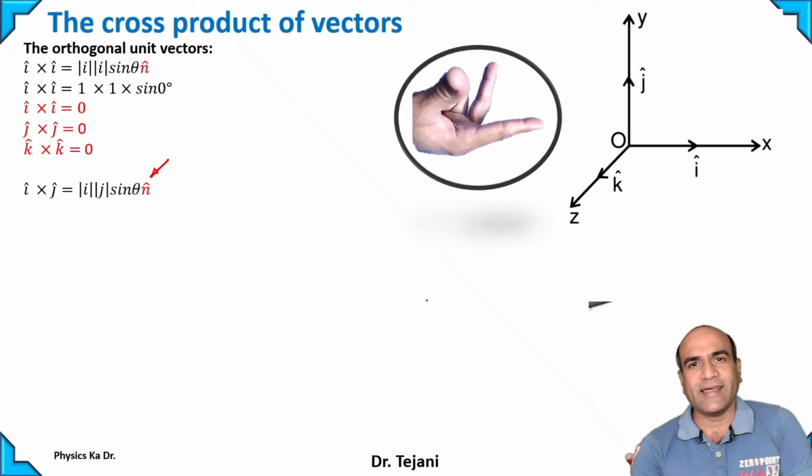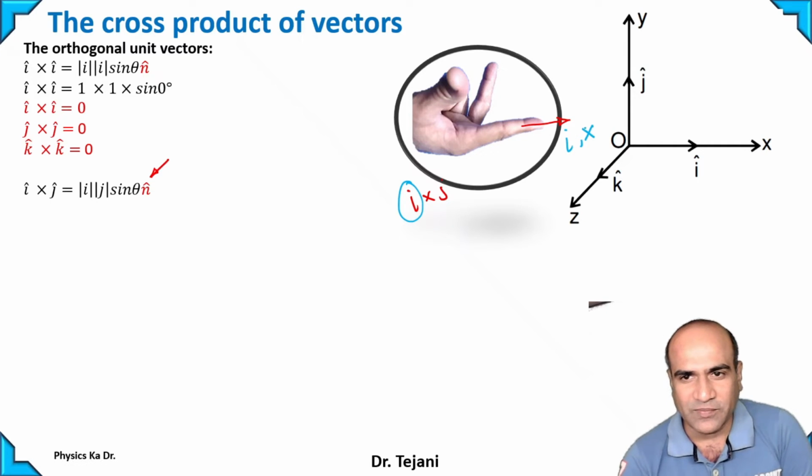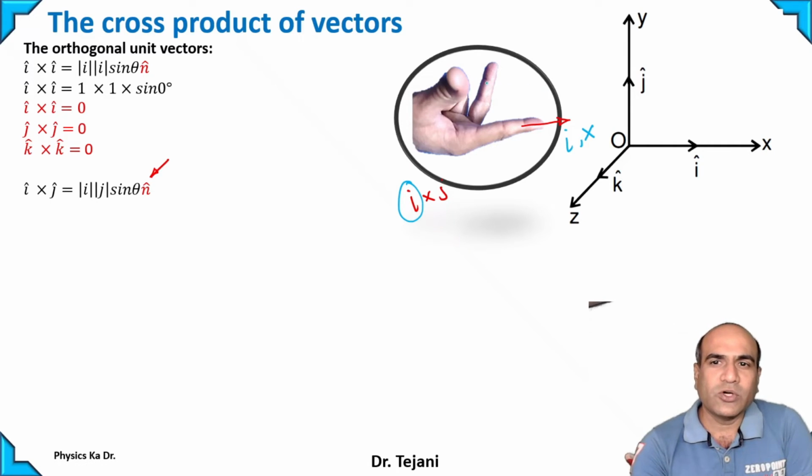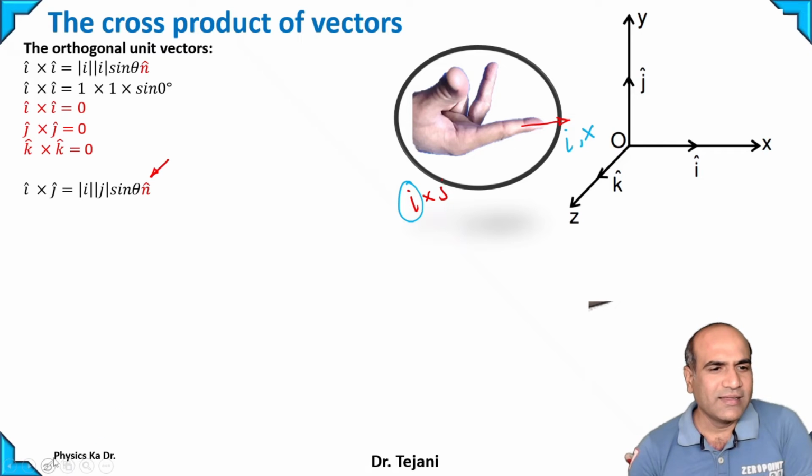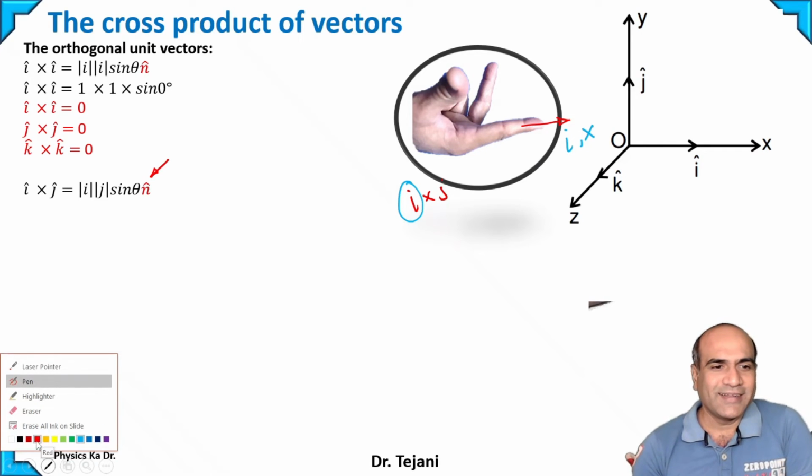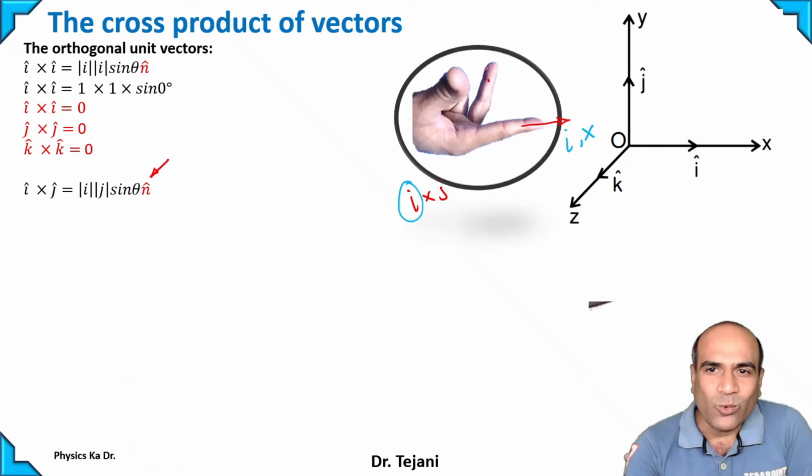Take your right hand, and if we are finding i cross j, the index finger should be in the direction of i, or we can say in the direction of x, because i represents the x direction. And the middle finger, do not show the middle finger to anyone, but here we have to show the middle finger to the y direction.